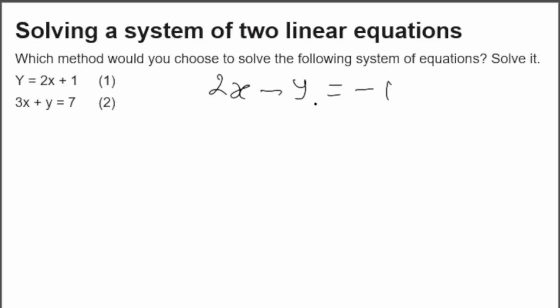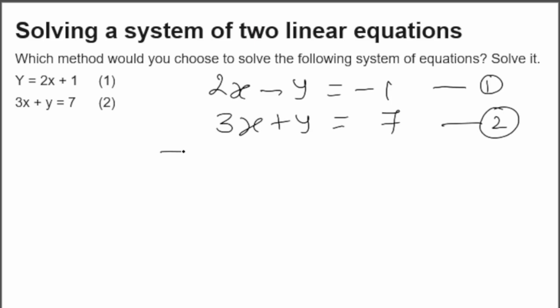That means we have taken the values of the right hand side to the left hand side and the left hand side value to the right hand side, right? So now we can write this as equation 1 and the second equation 3x plus y is equal to 7. This is equation number 2.